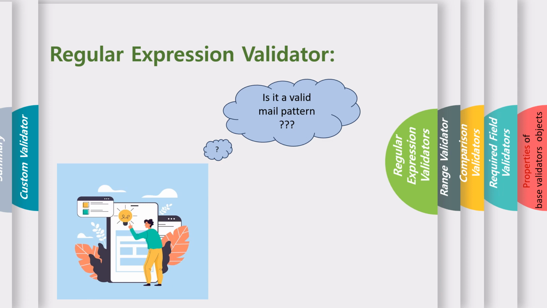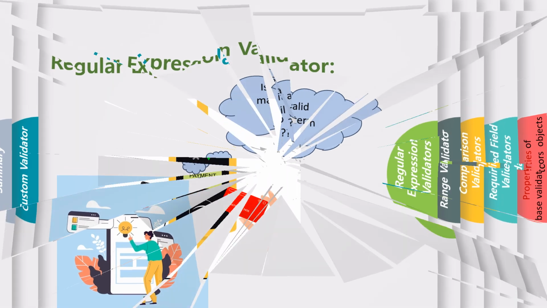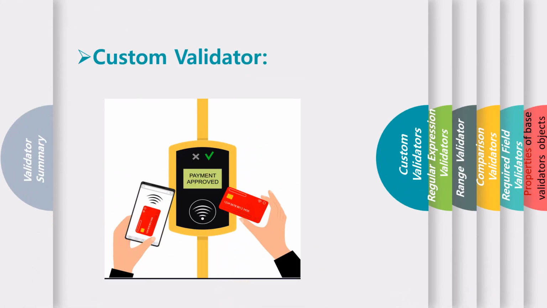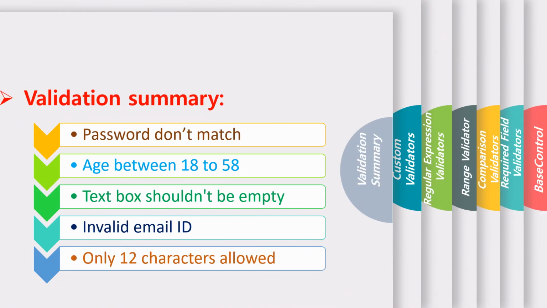The regular expression validator matches with the pattern of regular expressions. The custom validator control allows us to create our own custom logic to validate user data. Validation summary will list out all the errors during the validation. We will see one by one in detail.